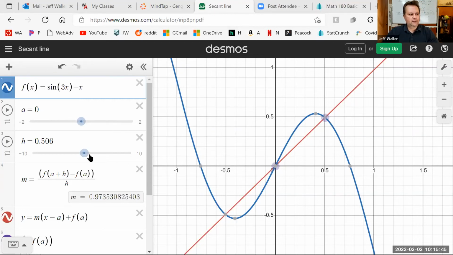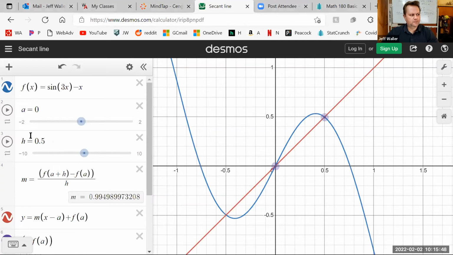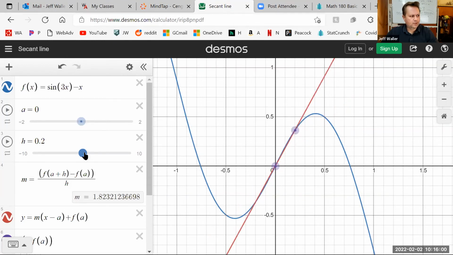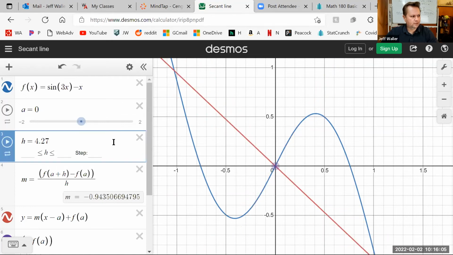So can you guys see H here? Right? So the idea is I want to know the slope here at this purple point. So what I can do is take this and come in. I thought I made you step by 0.05.